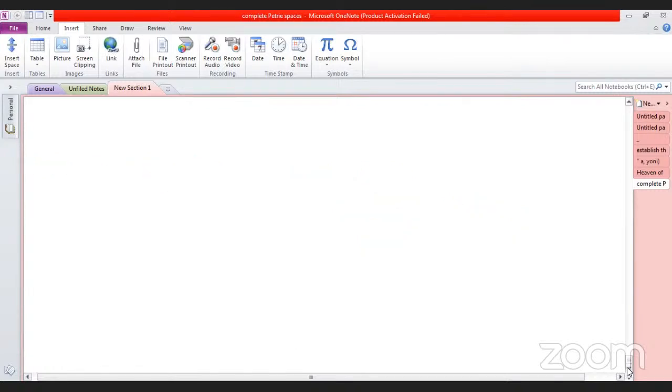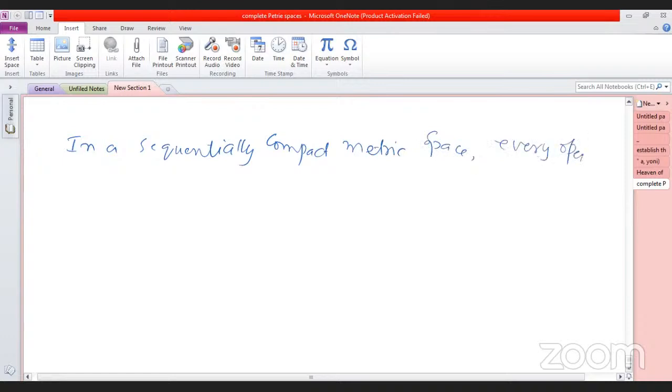Now I am going to state the theorem: in a sequentially compact metric space, every open cover has a Lebesgue number.